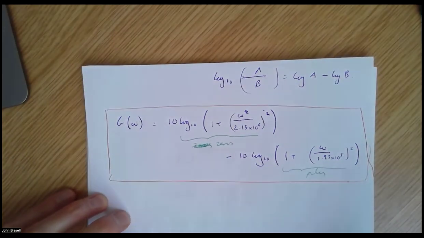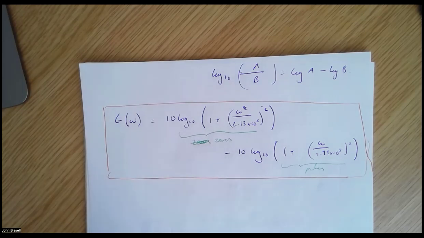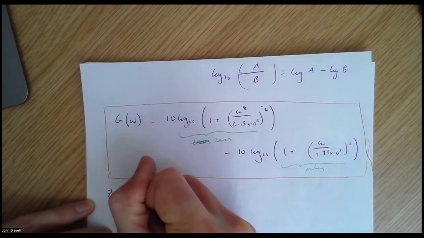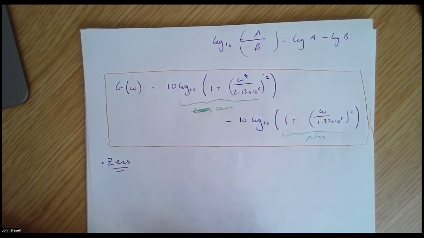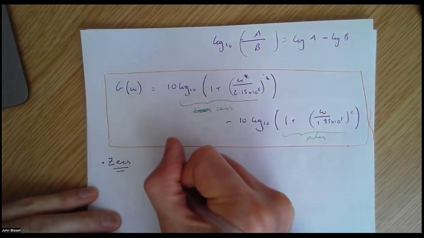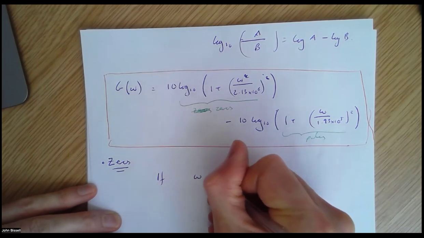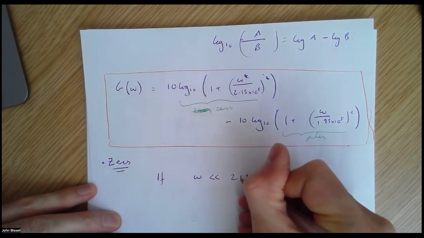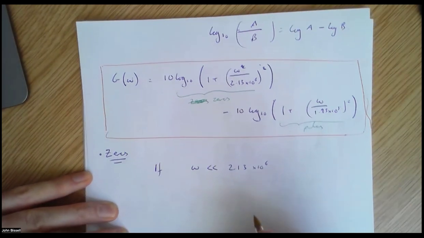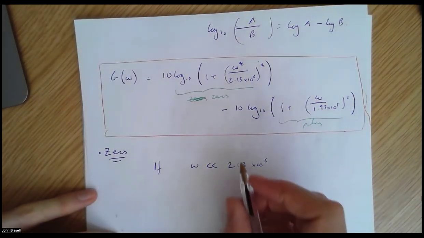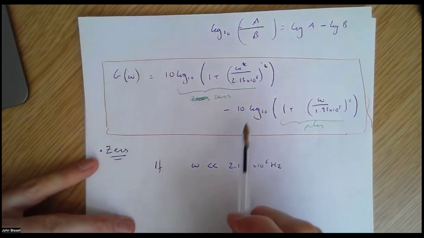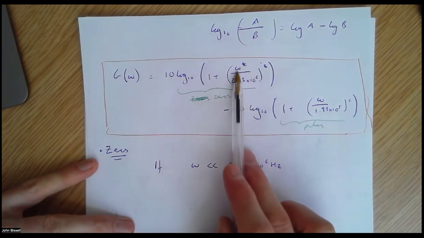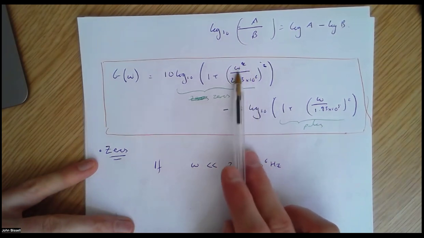So let's go through these one by one. So let's think about the zeros to begin with. If omega is much less than the zero, then this part here is almost zero, isn't it, compared to one?